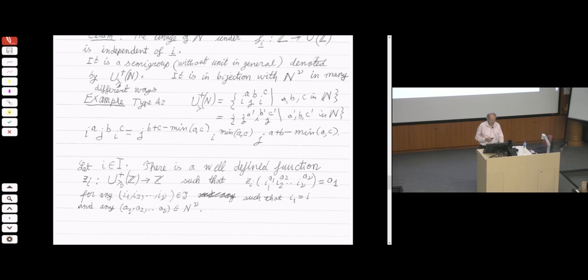This follows from the theorem of Matsumoto, which says that any two such expressions which start with the same letter can be transformed into each other by some elementary moves. So that theorem tells you that this is well defined.